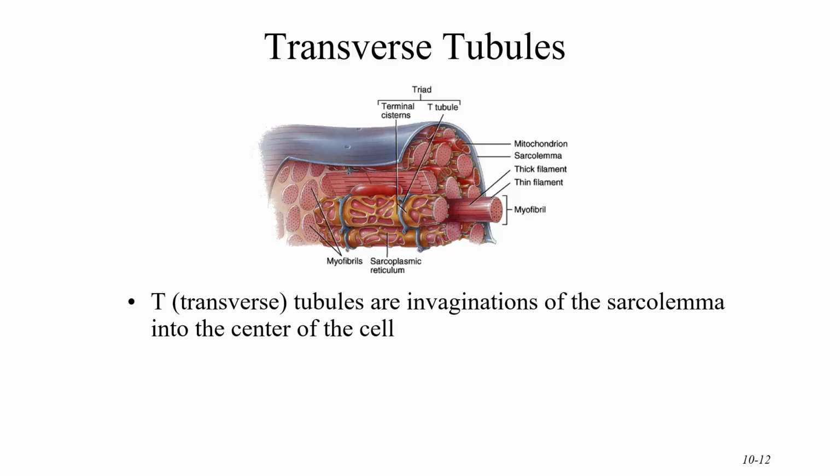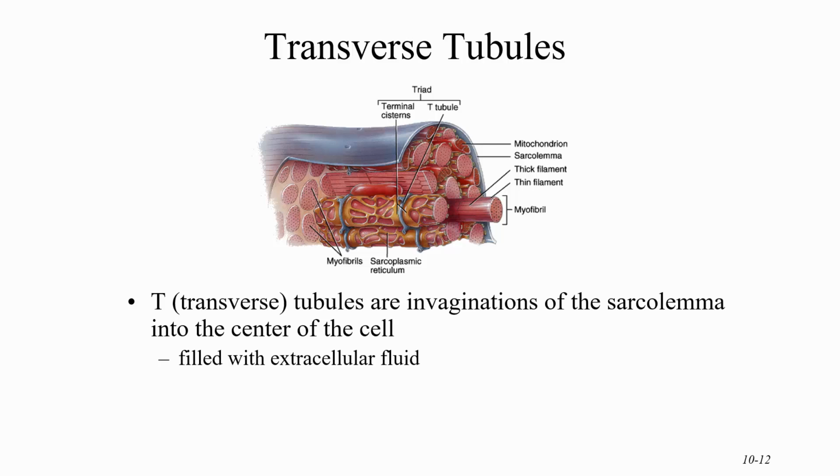Well, again, just like driving in Boston, you don't want to drive there. You want to take the T. And same thing with the sarcolemma. You're up here, and then you go down into the T tubule, or transverse tubule. And again, these T tubules are invaginations of sarcolemma into the center of the cell.